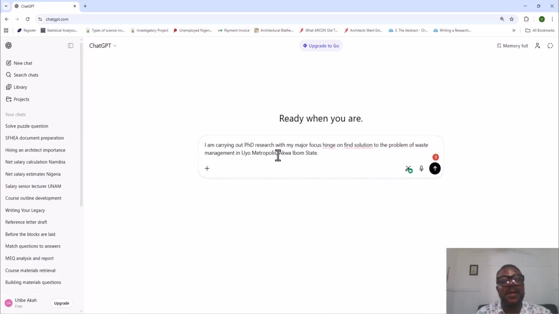Remember, we have given it a background that you're carrying out a PhD research with your major focus hinged on finding a solution or solutions, whichever, to the problem of waste management in Uyo, Akwa Ibom State. Fine. So what do you want this AI to help you do? Because if you're just telling it that, it will not be able to do anything for you.